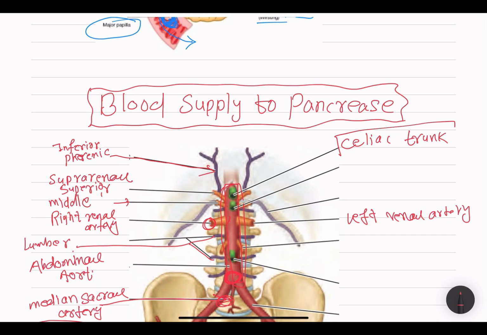From here we will see our arteries for the pancreas coming. And this is the superior mesenteric artery. We will see later that the pancreas is located over this superior mesenteric artery.